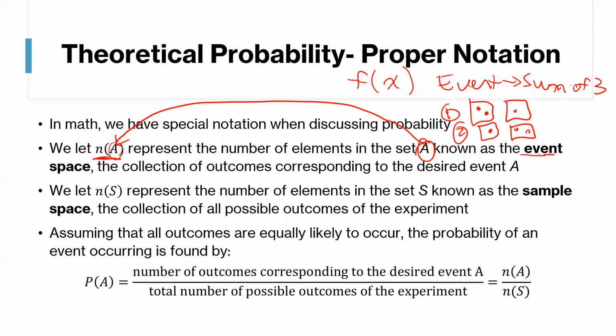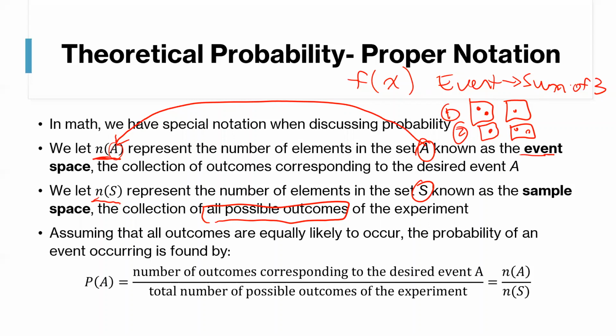The sample space is represented by S, and the sample space is essentially the collection of all the possible outcomes, right? Every single one. Every single combination we can think of. So when we write N(S), we're saying the number of elements that are inside of the sample space. So the sample space is the broader set. The event space is a smaller set.